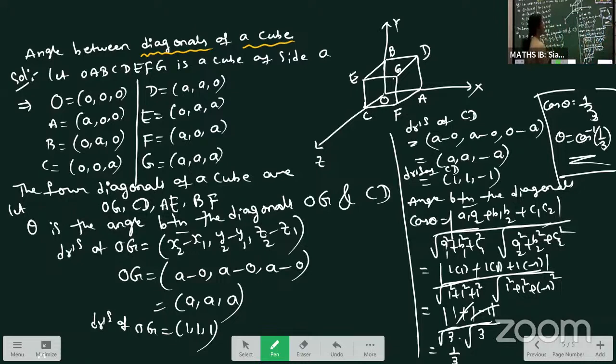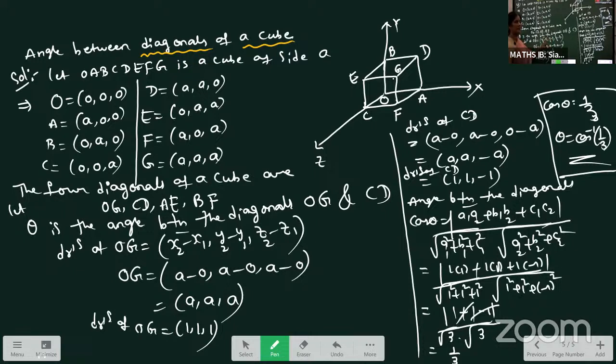So this is how you have to find it. First main thing, we have to draw the cube. After that, name the vertices. After that, take the vertices in order. Then identify the diagonals, the 4 diagonals.